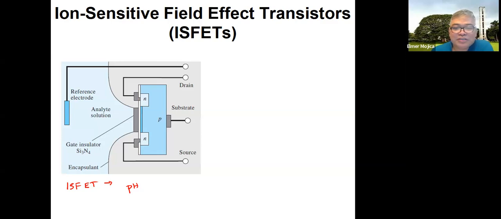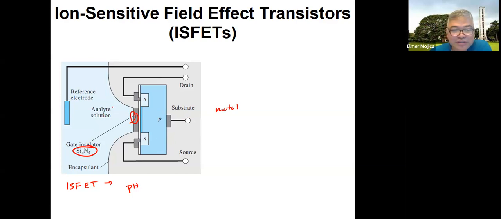So what's the difference of this compared to the metallic contact that a typical ISFET would have? So instead of a metal, what is it here? Silicon nitride. Okay. So this is the gate of the ISFET.